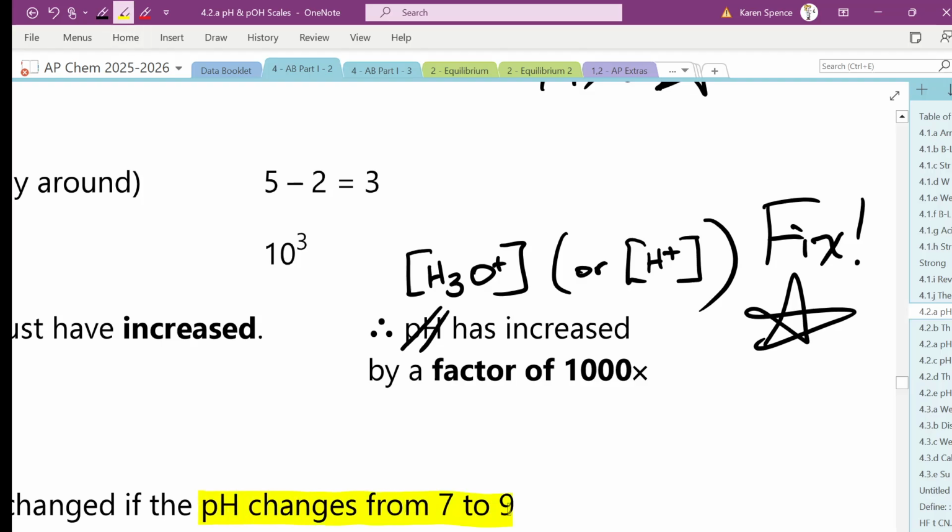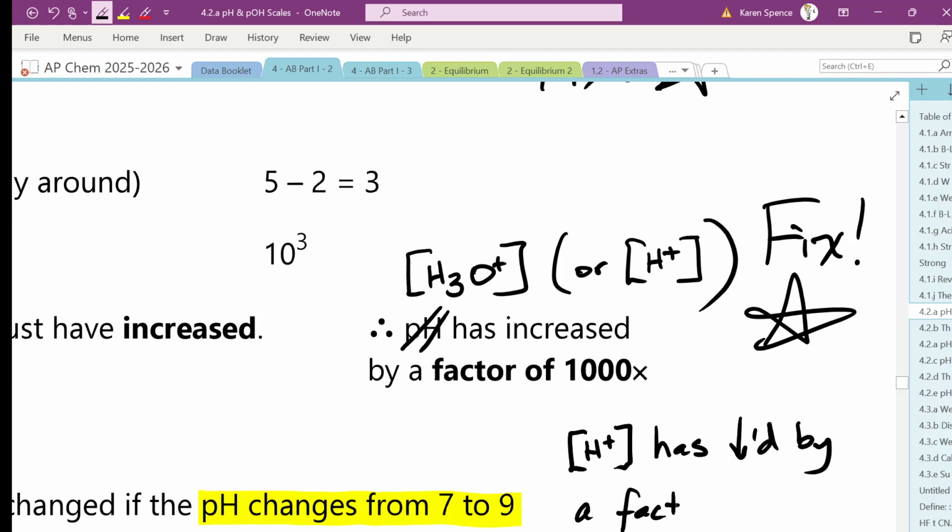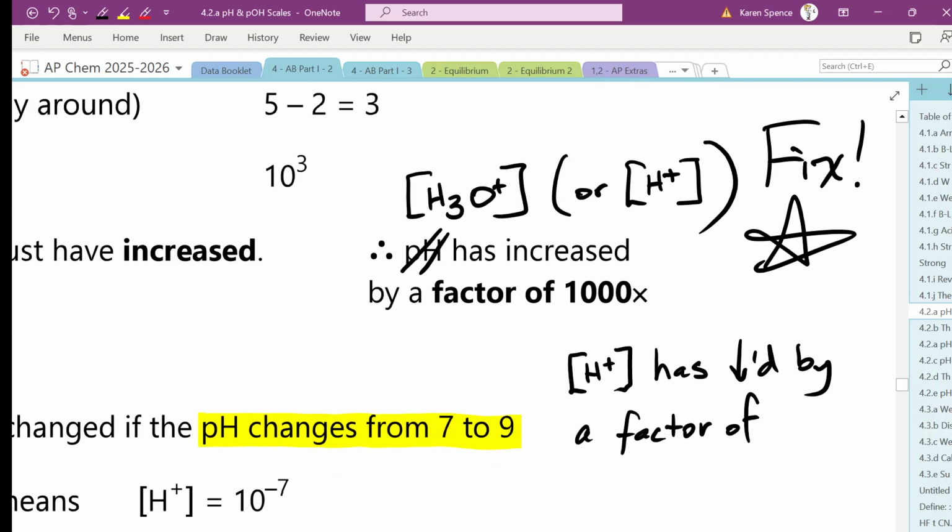If pH changes from 7 to 9, concentration of hydrogen, has it increased or decreased? Concentration of hydrogen has decreased by a factor of how much? By a factor of 2?